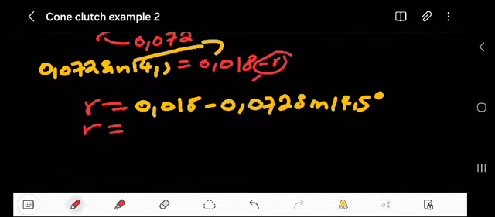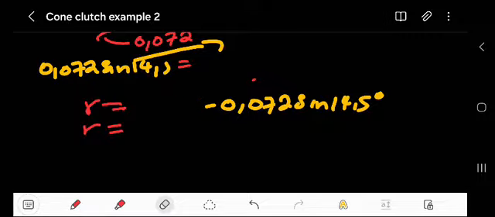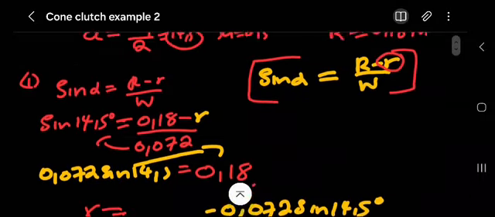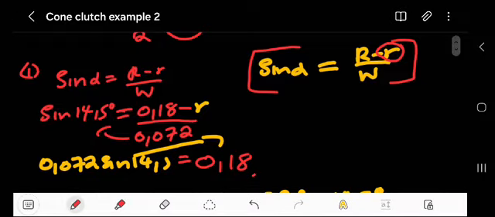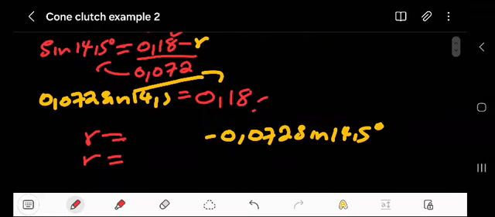Then what will be the value of r there? Oh, sorry, here it's a mistake. As you can see, this one is supposed to be 0,18. Here I've just realized, you see, it is 0,18, not 0,018 minus r, which is fine.